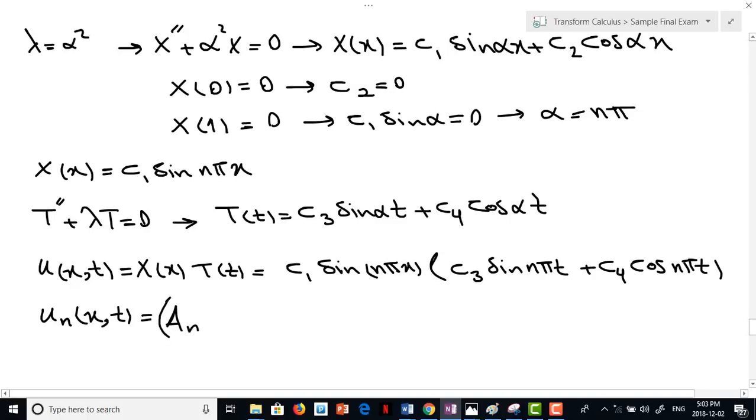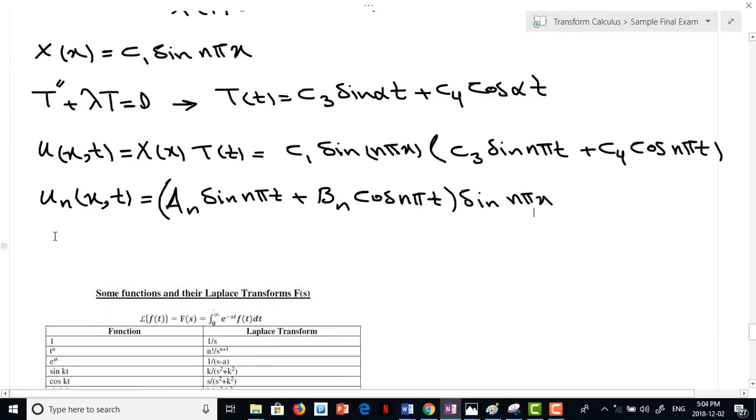It's an sine n pi t. c1 times c4, I call it bn. So plus bn cosine n pi t, all times sine n pi x. So un of x and t is a solution based on the superposition principle.